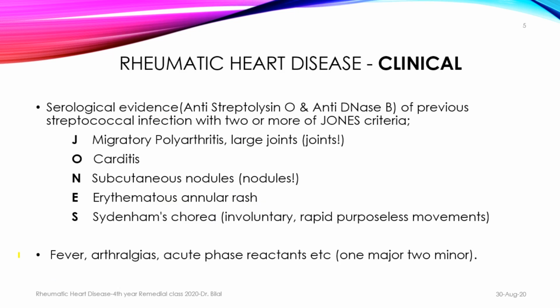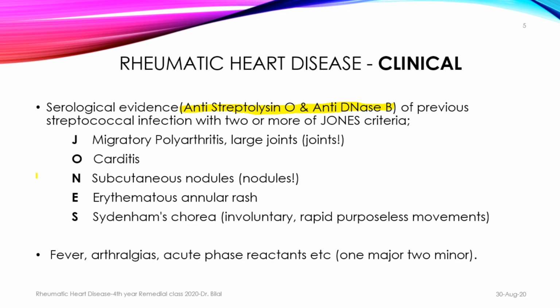Clinical findings are very important. There is a criteria known as the Jones criteria that is utilized to help us in diagnosing this disease. But remember, we should have laboratory evidence, and an important laboratory evidence is serological evidence, that is the antibodies: anti-streptolysin O and anti-DNase B antibodies, which are directed against the infection.